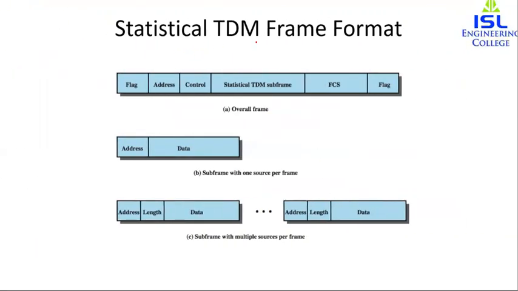Now, the statistical time division multiplexing frame format. It has a flag, address, and control. In synchronous, we simply had a buffer, and in this case we will have different slots or subframes. Here we have address and data, then the statistical time division multiplexing subframe, and the flag also.